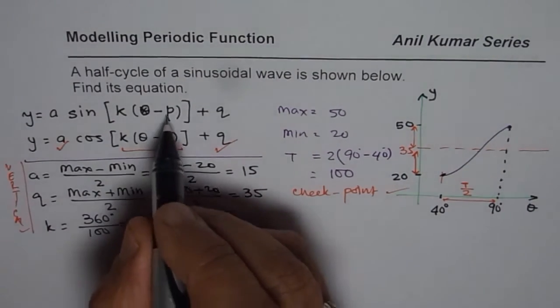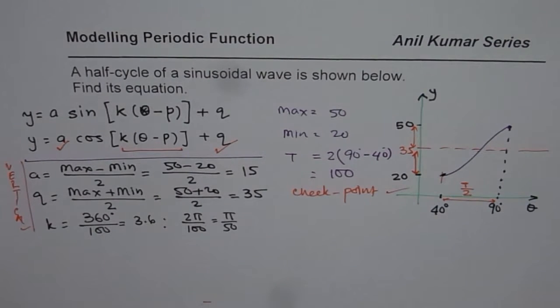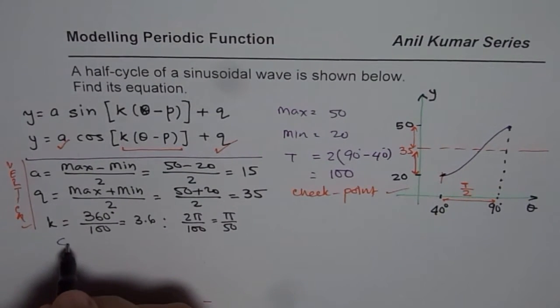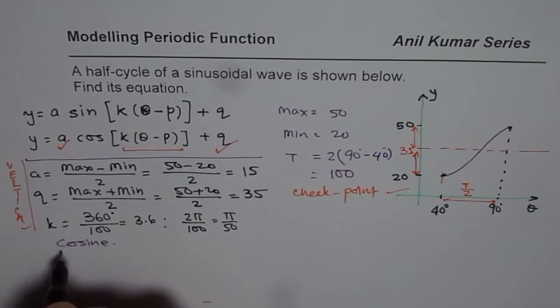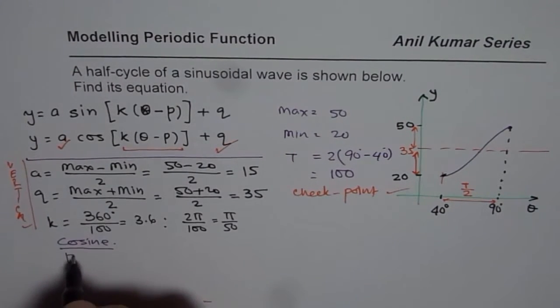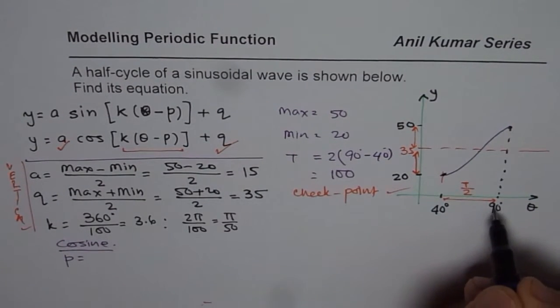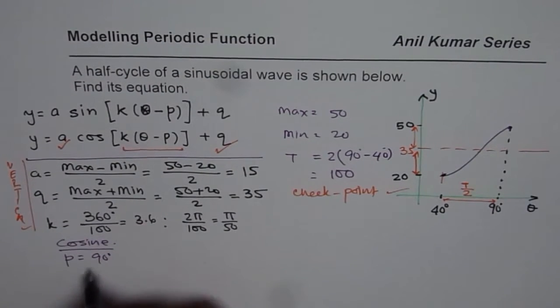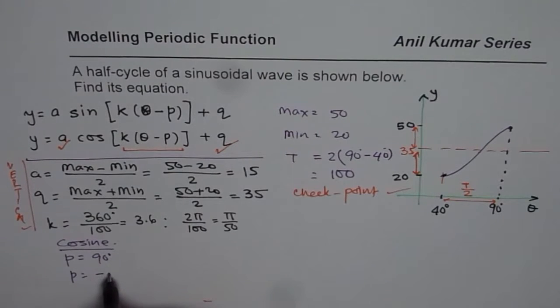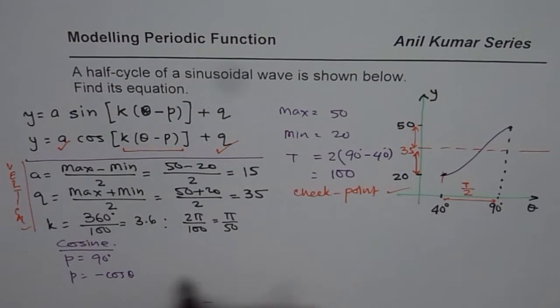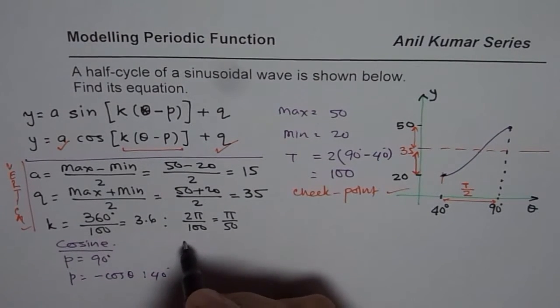So about phase shift P, if it is a cosine function, the value of P could be 90 degrees actually, or I could write P as, for a negative cosine, it could be 40 degrees, right? So that is for the cosine function.